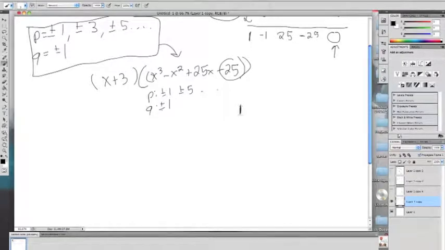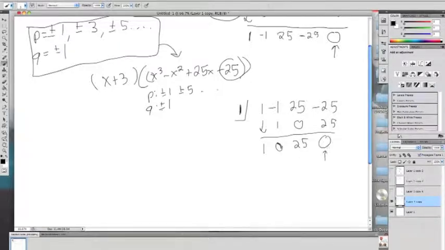Turns out 1 works for this one. Just going to use synthetic division to prove it. So we got no remainder again, thus making this also a factor.